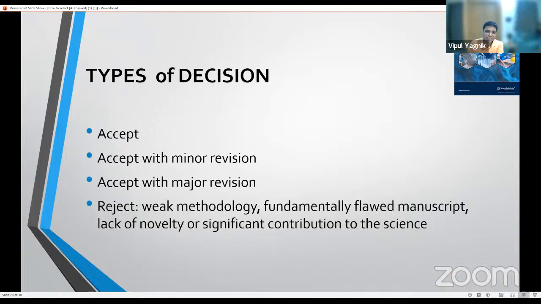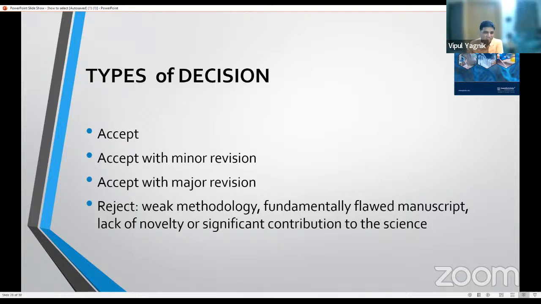In that case, suppose there is some technical issue or some grammatical issue, we will give an accept with minor revision decision. If an article requires major revision, meaning some statistical problem is there or the methodology can be improved, in that case we can give an accept with major revision decision.